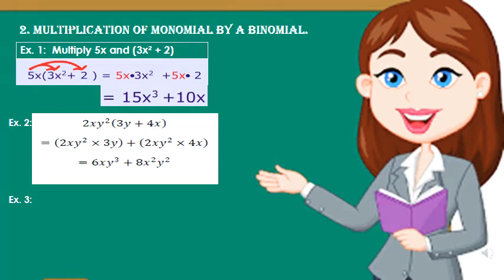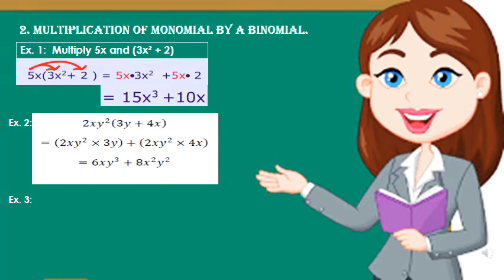So it is going to be 2xy square into 3y. And what is the sign in the binomial? Plus. So you will write the plus as it is. Then again the same monomial to be distributed to the second term. So it is going to be 2xy square into 4x. Next step, multiply and write the plus sign in between.